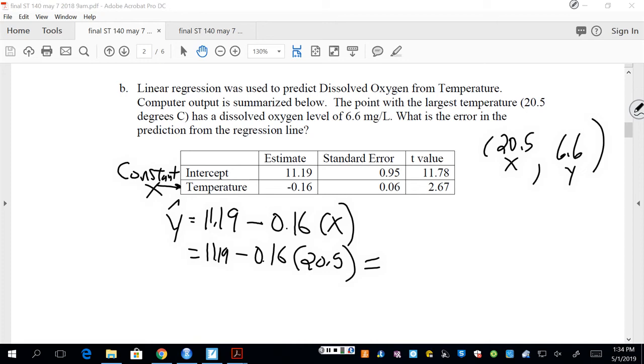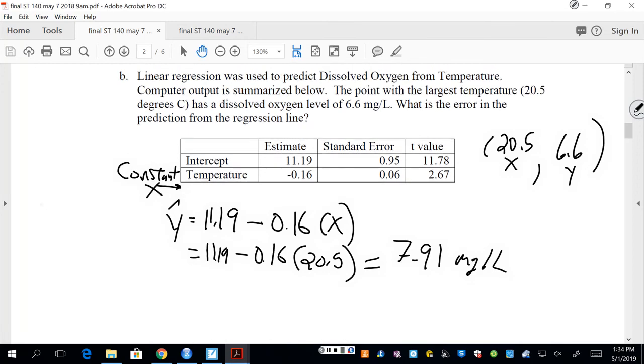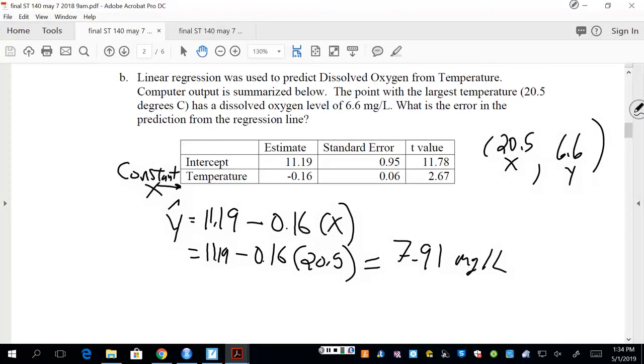Right, so the prediction calculates to 7.91 milligrams per liter. The units in terms of the oxygen. And so our error E is the Y value minus the predicted.